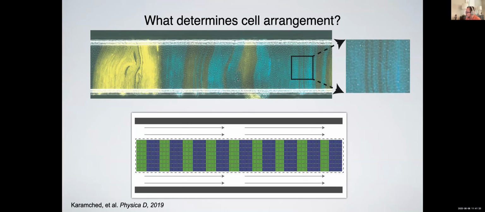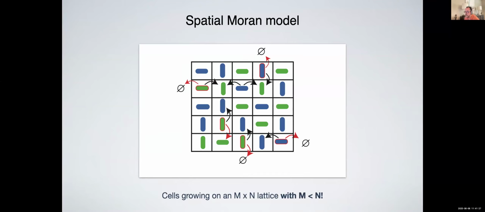So Bhargav Karamched, who's at FSU right now, created this spatial Moran model to try to capture the main potential mechanism behind this. And the idea here is that, like in a Moran model, you have bacteria. Now they have a spatial orientation which is either horizontal or vertical.